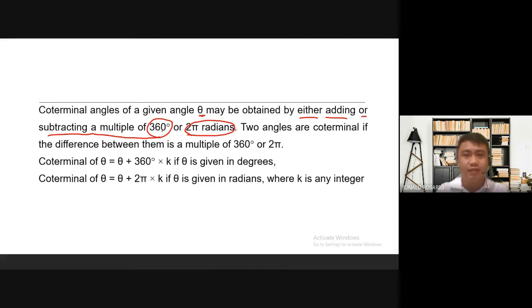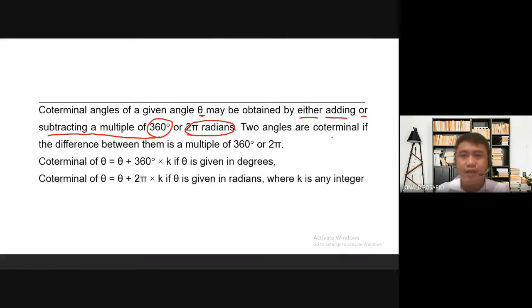So pwede tayo mag-plus ng 360, pwede tayo mag-plus, ano pa ba yung mga multiples ng 360? 720, and so on. Or pwede tayong mag-minus ng 360 or any multiples of 360. Or kapag sa radian, pwede tayong mag-plus ng 2 pi, mag-plus ng 4 pi, 6 pi, any multiples of 2 pi, or mag-minus. So, ganun lang.